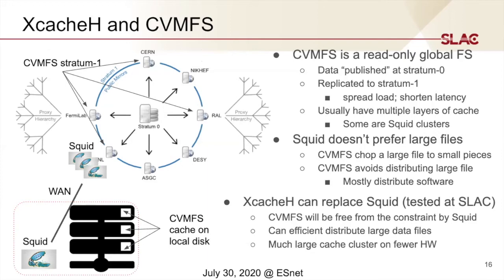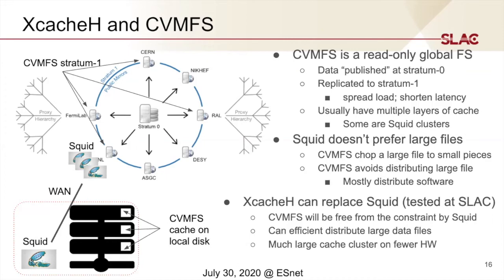If you look at the left plot, the circle in the center is the CVMFS Stratum 0, which is the place that your experiment software teams use to publish their software and other things. They publish there, and this software data will be replicated to the nodes on the circle.